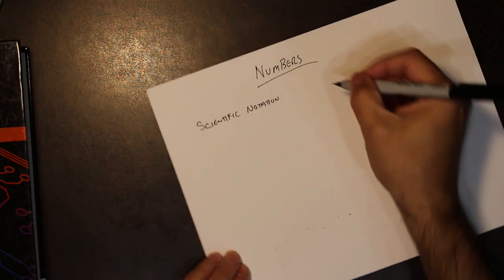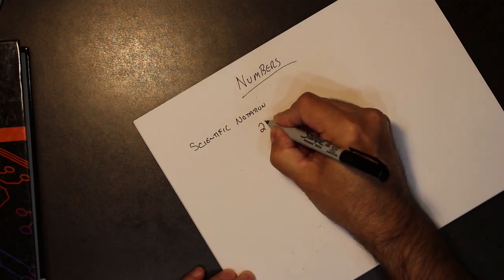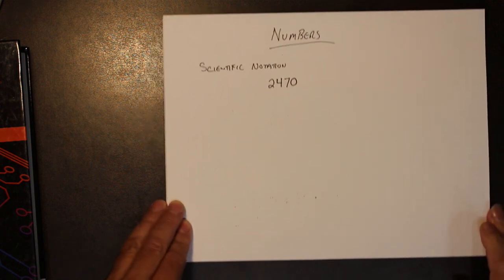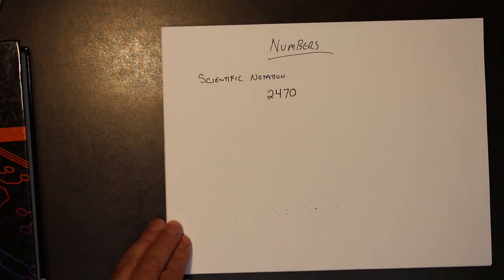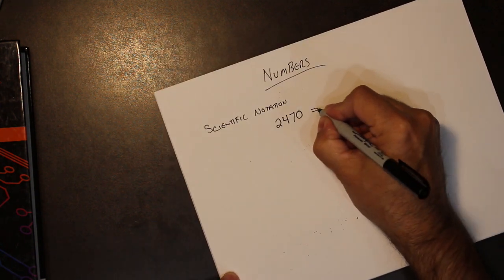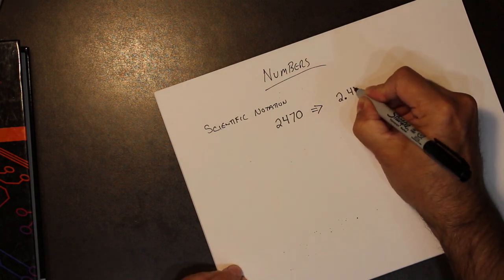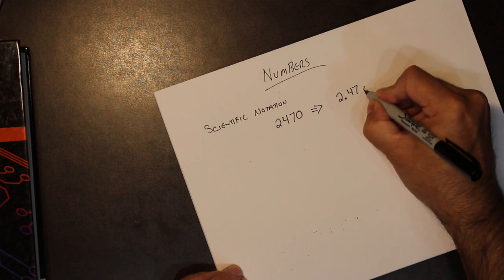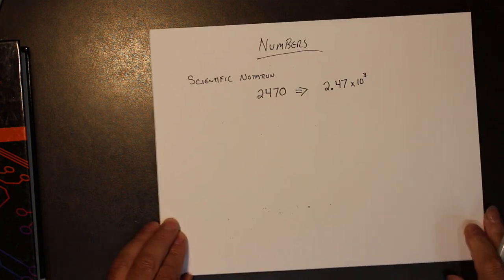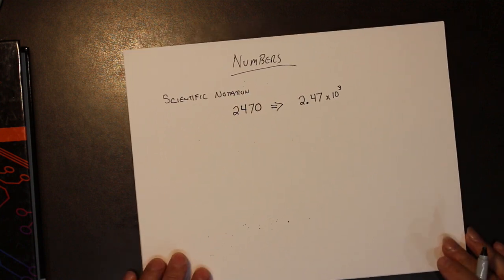So as an example, I will take the number 2,470. So the number 2,470 represented in scientific notation looks like this. 2.47 times 10 to the 3. That's what we know as scientific notation.